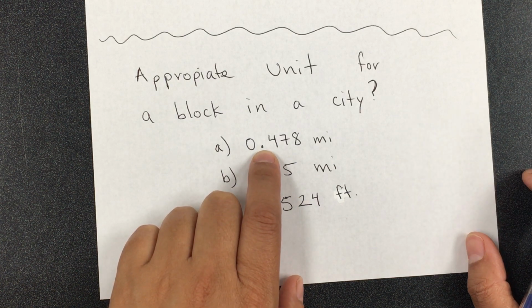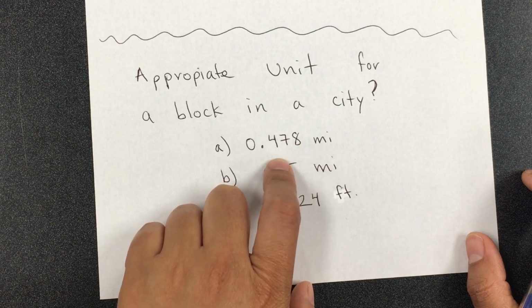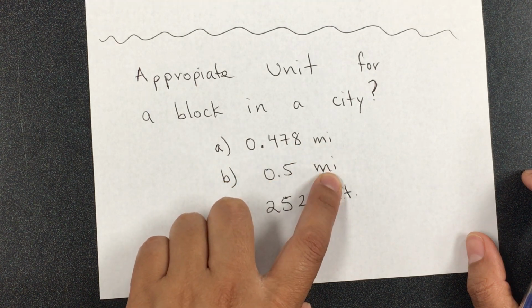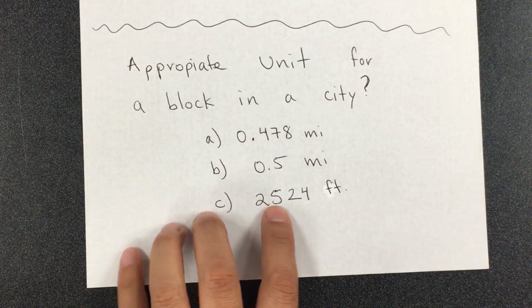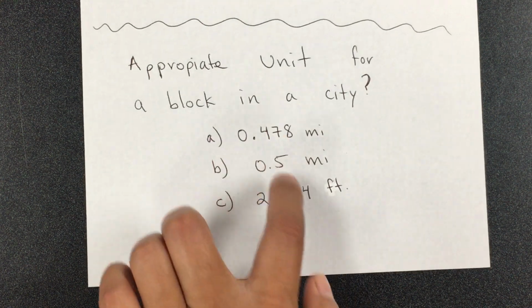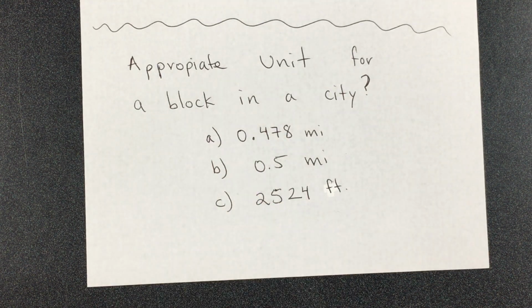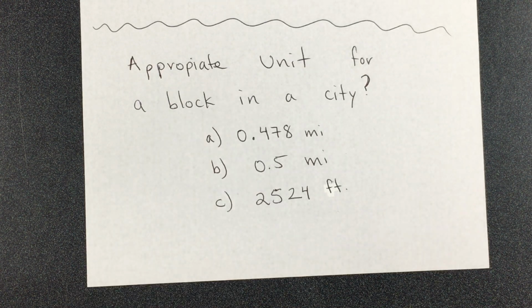One block measures 0.478 miles, which is kind of specific, 0.5 miles, which is just rounded, and 2,524 feet. So all these measurements are the same measurement, but which one would be more appropriate for our city block? Okay, and so we can say that it all depends on the situation.